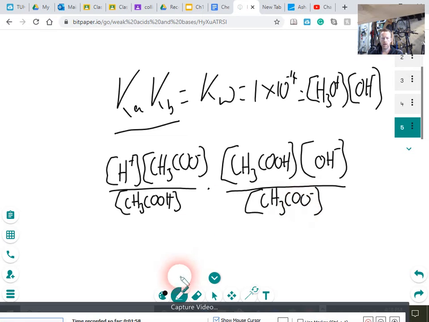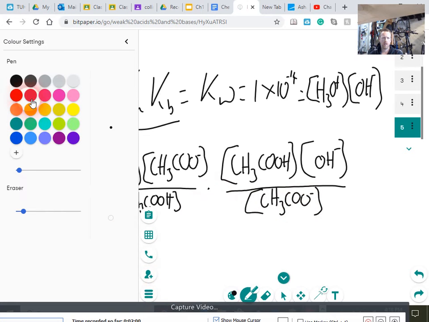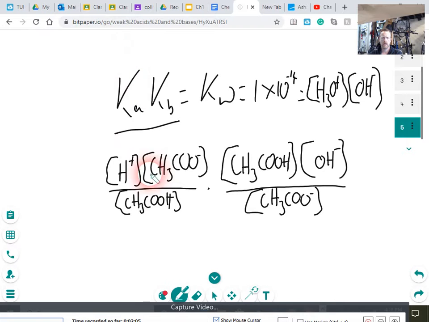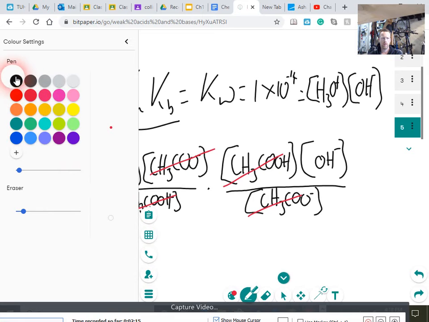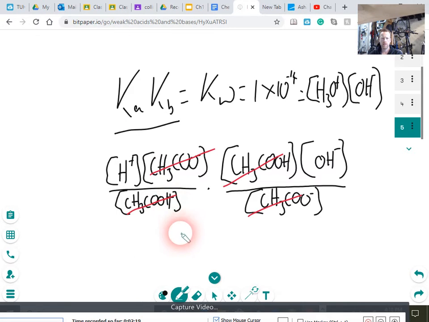I think they will all cancel. This is going to cancel with this, the concentration of that and that. And Shazam, what are we left with? We're just left with the H positive.